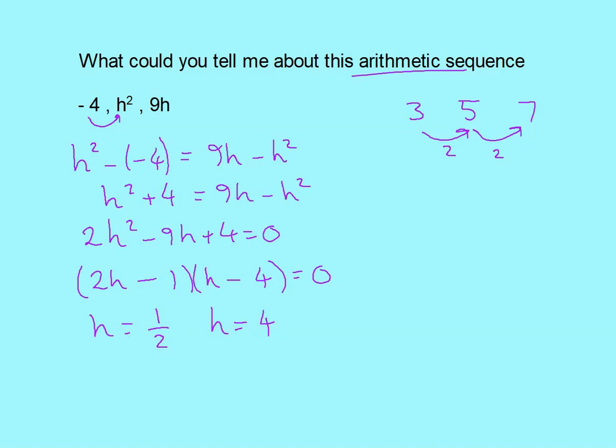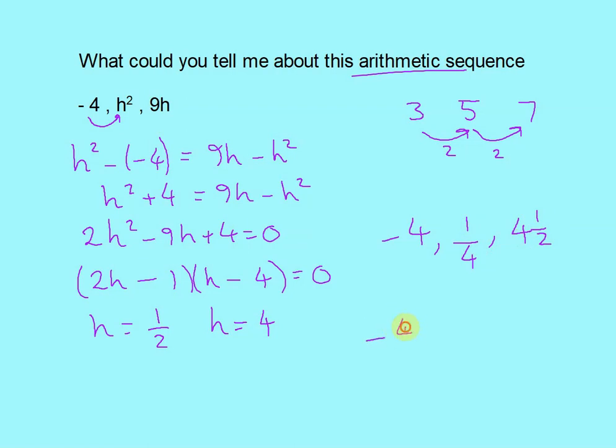So there's two different sequences basically. If we started off with minus 4, and let's use h to be a half, we'd have a quarter, and then we'd have 4.5. So I'm going to put it like that. So you can see each time the difference is 4.25, but that won't be the same when h is 4.